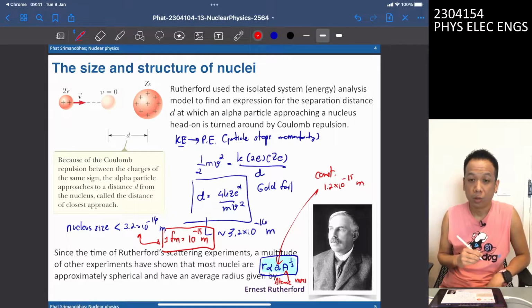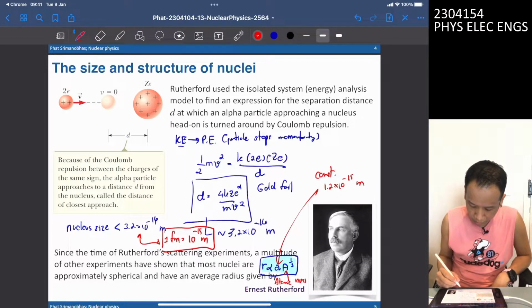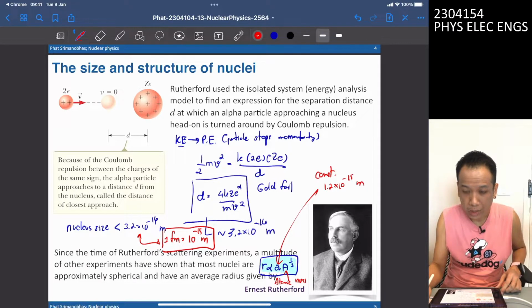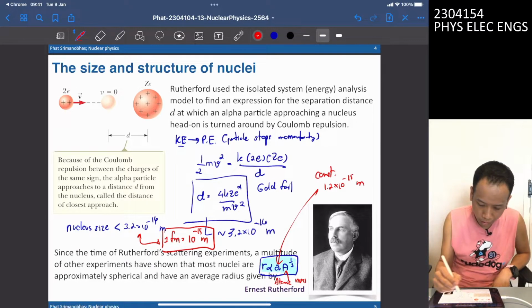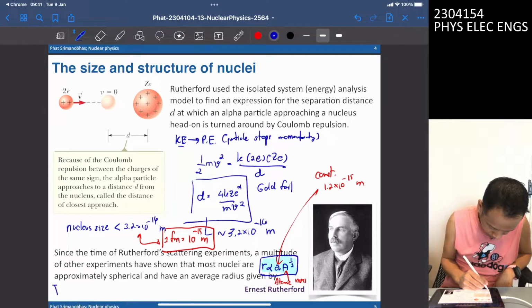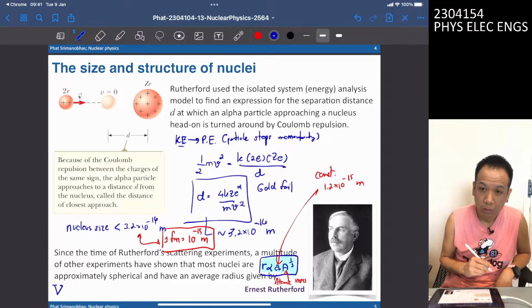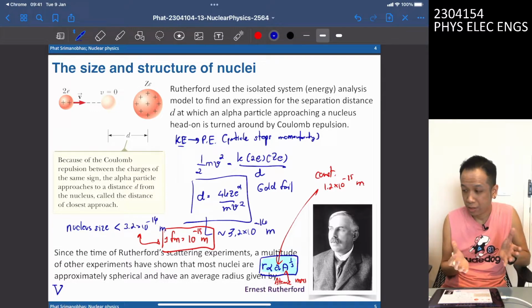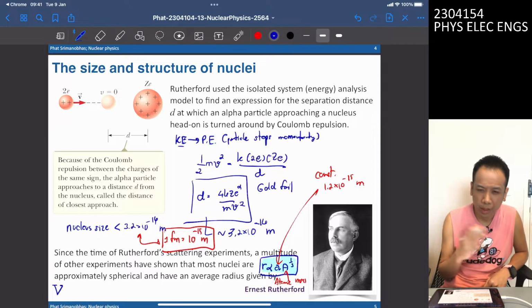So what does it mean from this relation? If we talk about the volume of the nucleus, and the nucleus is spherical, then the volume is 4 over 3 pi r cubed.